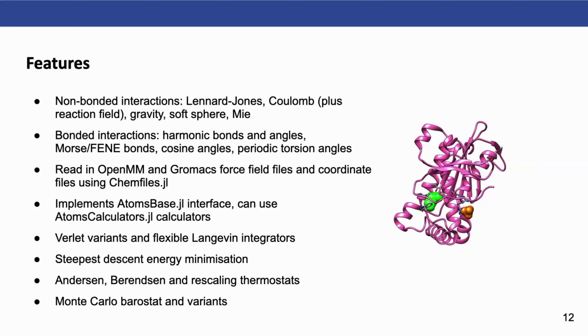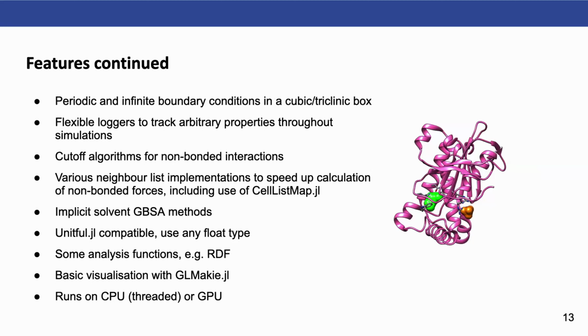We have various simulators like Langevin integrators, minimization, various thermostats and barostats, periodic boundary conditions. We have a nice logger interface, so that allows you to track properties throughout the simulation. And we're also compatible with Unitful, which has been mentioned. You'll see some more of that in the exercise.